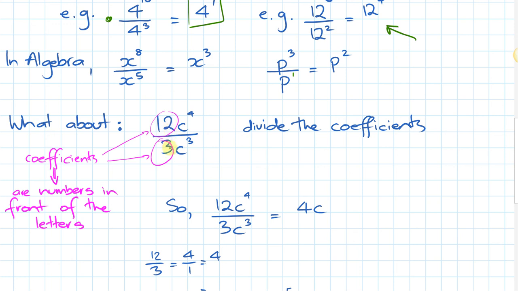So 12 divided by 3 is simplified 4 over 1, which is just 4. So these numbers simplify down to 4, and then I just apply my second rule. So c to the power 4 divided by c cubed will just give me c. So my final answer would be 4c.